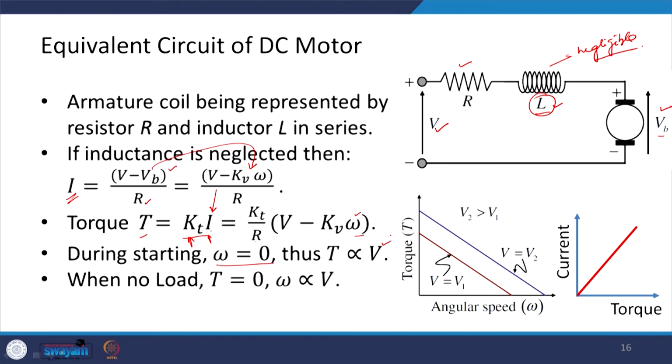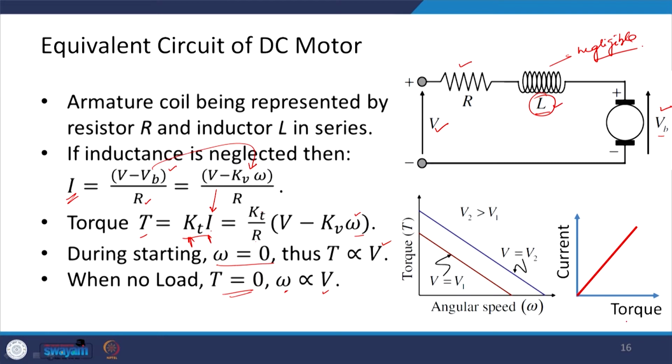And when there is no load, that is, if I keep the torque equal to 0 in this equation, then I can see that my omega is going to be proportional to the voltage. So, let us look at how these variations look.